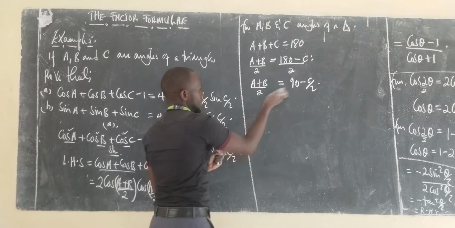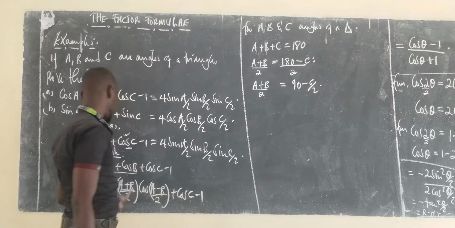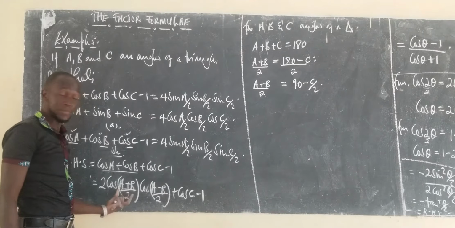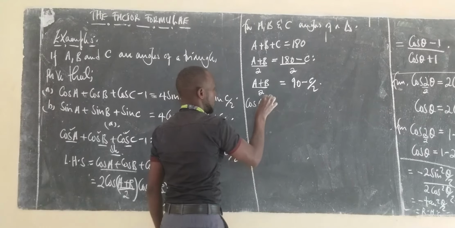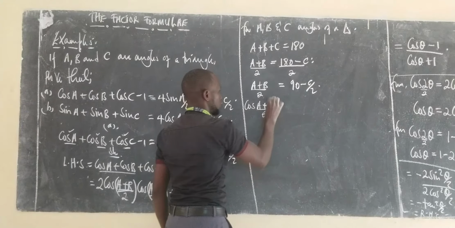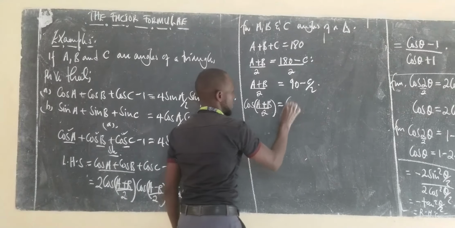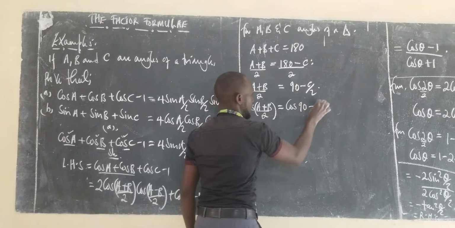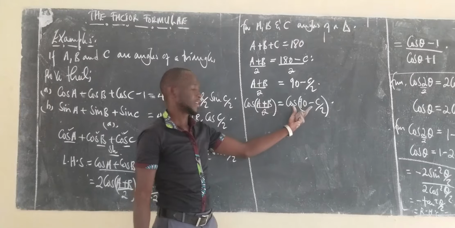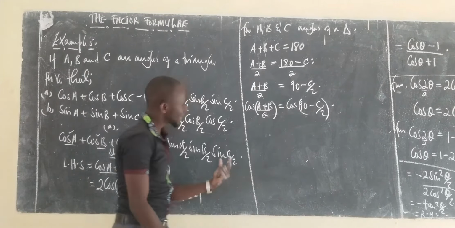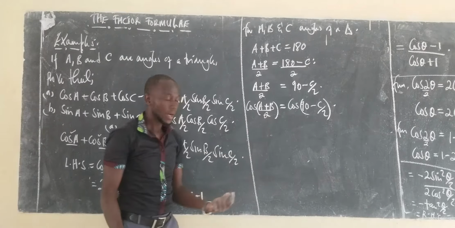When you look at this, introduce cos on both sides such that you have something of this kind. So we shall say cos of (A plus B) out of 2 shall be the same as cos of (90 minus C over 2). Expand this such that you get cos (A plus B) over 2.